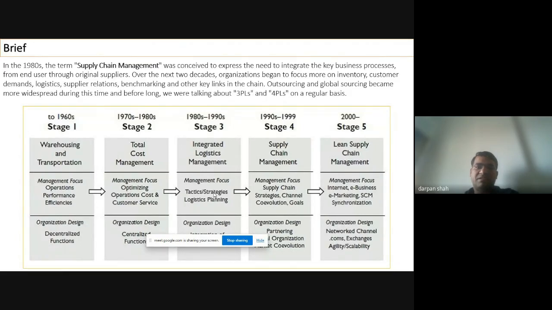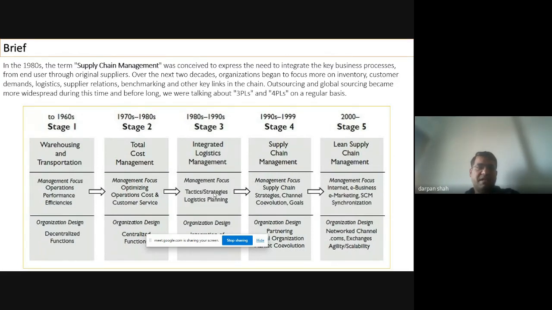These are the key areas which are integrated together to be termed as supply chain management. So nowadays we talk more on the short forms like 3PLs and 4PLs on a regular basis.